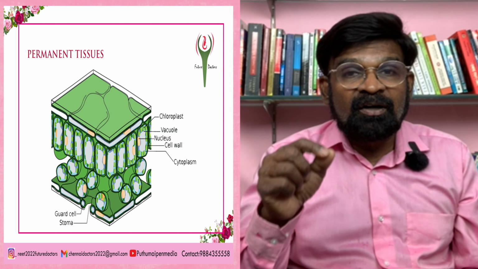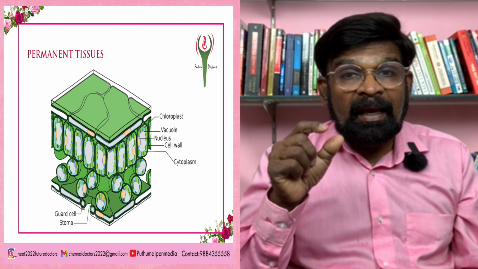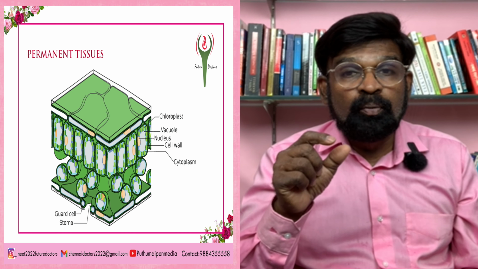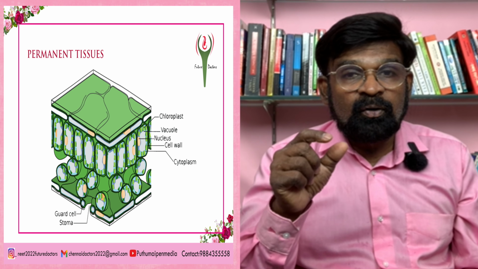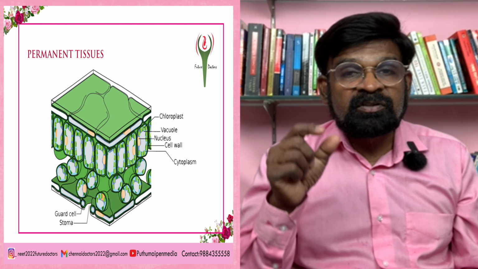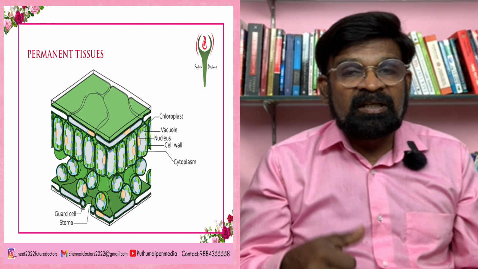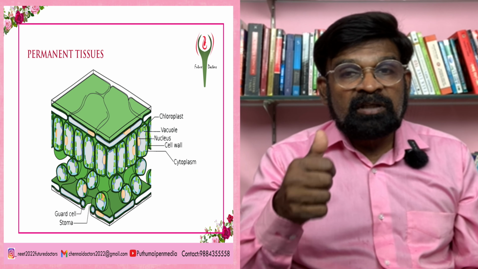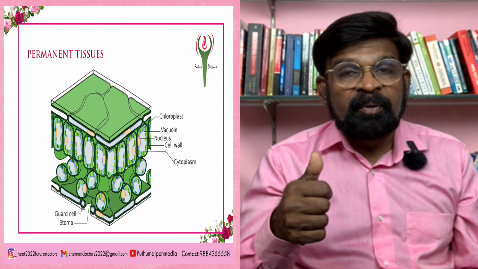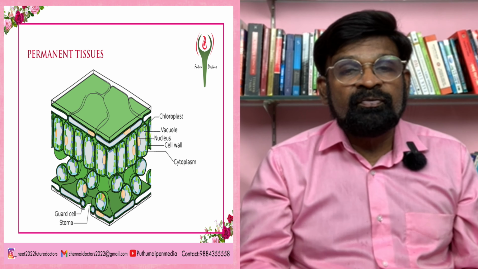The walls are very thick and irregular, with a very narrow lumen. The functions of sclerenchyma are: it provides mechanical strength and support. Surface fibers help in dispersal of seeds.